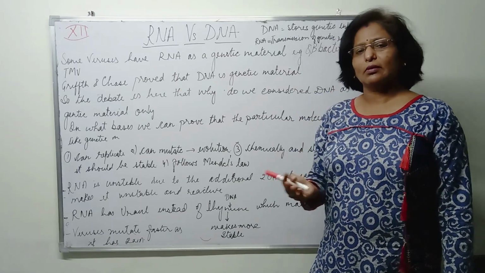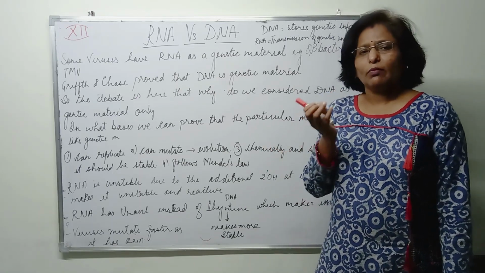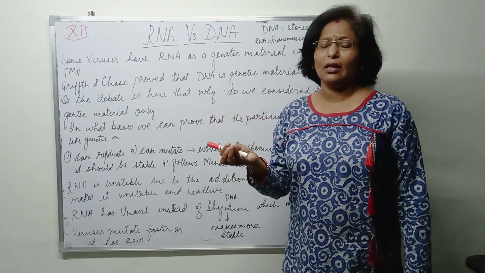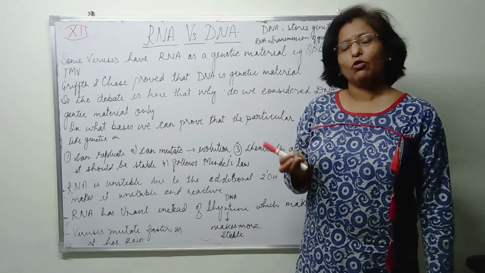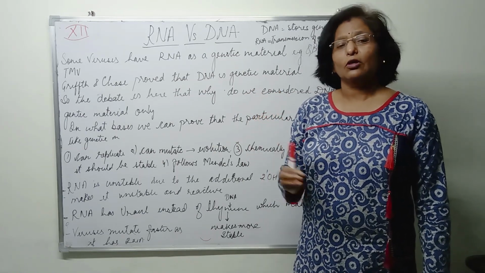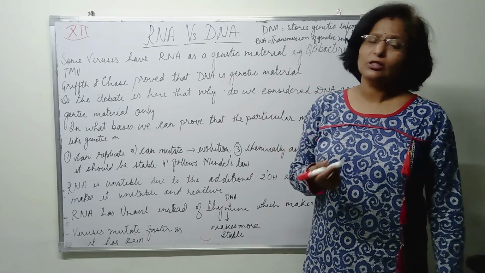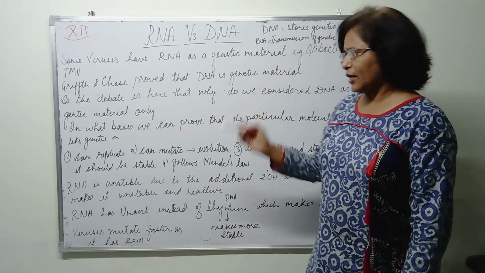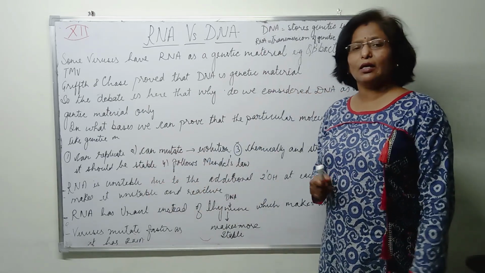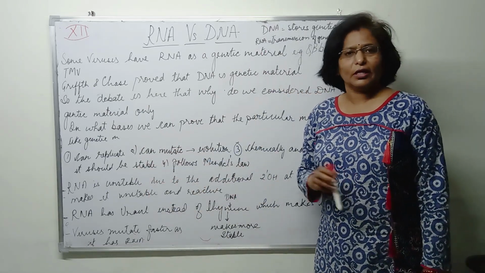They consider that a particular molecule acts as a genetic material if it has all these 4 points. So what are the 4 different points on which a molecule is considered a genetic material?